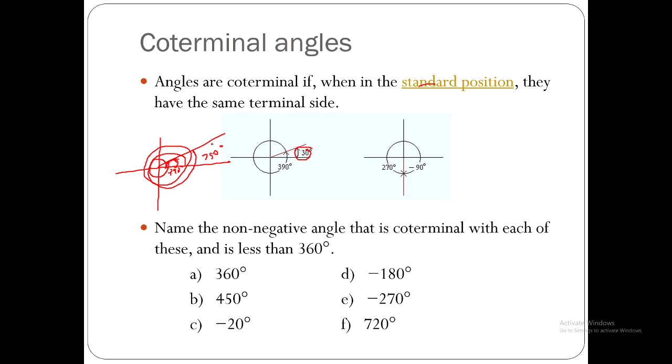So, for example, in your exam, I will ask you to find 5 coterminal angles, or to be specific, 5 positive coterminal angles. Because if I ask you to find a negative coterminal of 30 degrees, you revolve here.